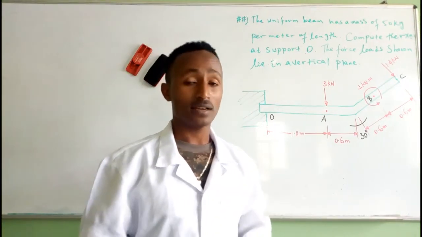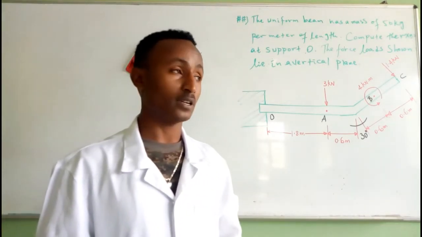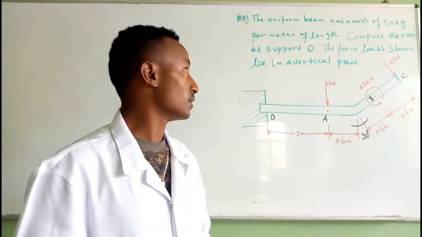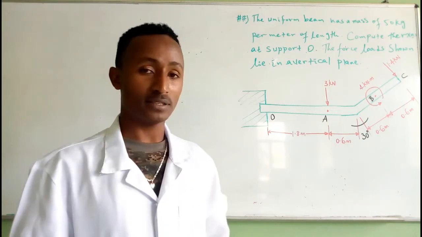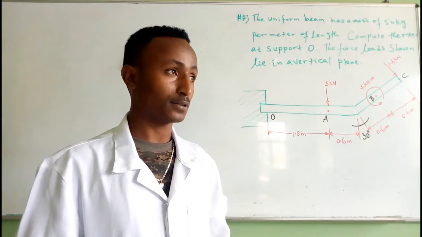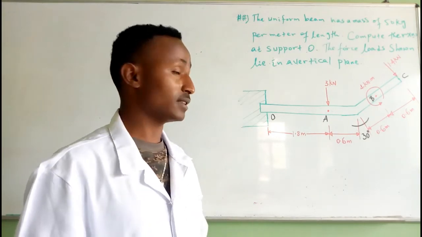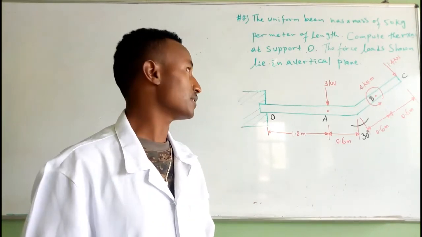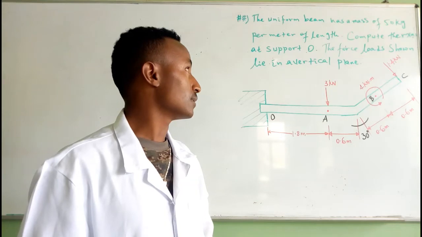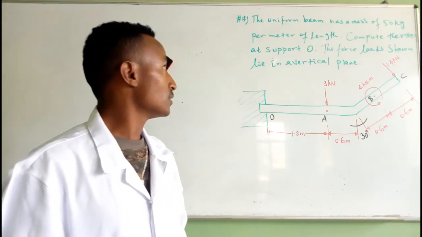So today I come up with a question which is related with 2D moment and 2D force, and we can use the equilibrium condition to solve the required variable or term.